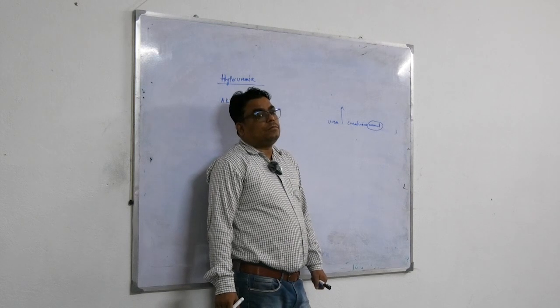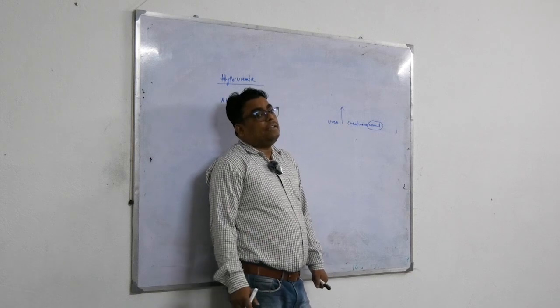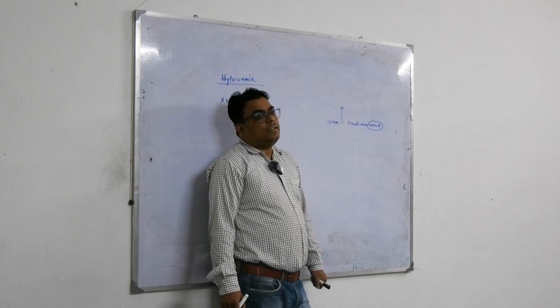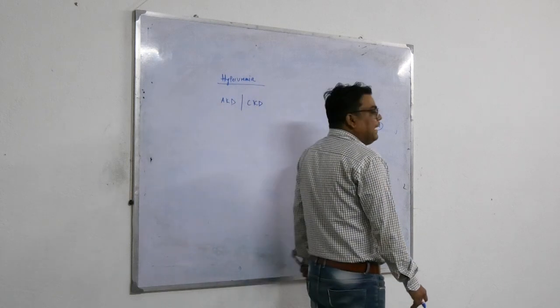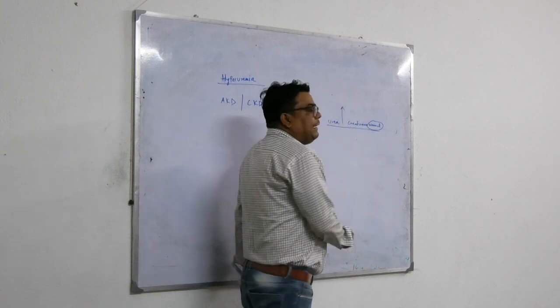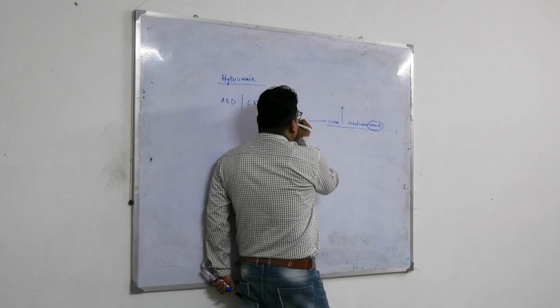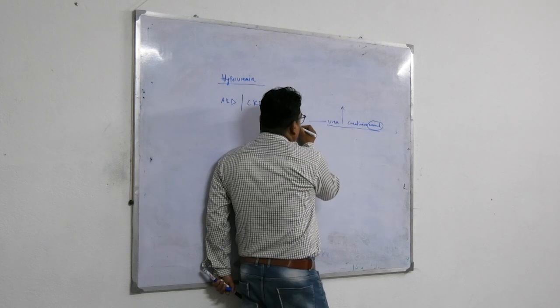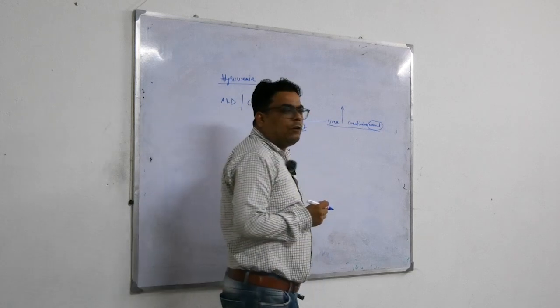Urea is filtered in the kidney, but that is not a condition of a diseased person, because urea depends on protein diet. I clearly mentioned that the value of urea depends on protein.